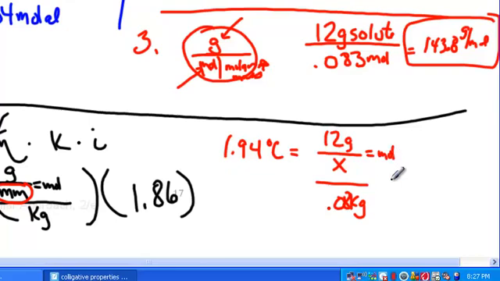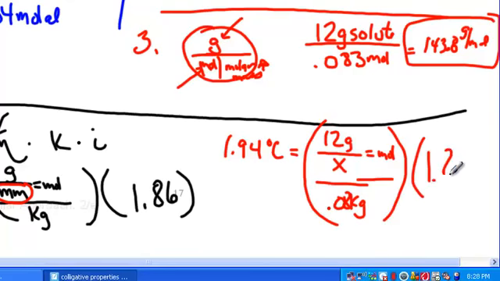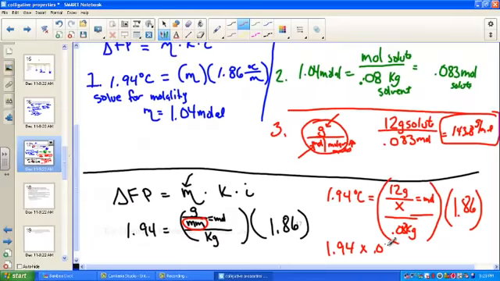See how I have moles per kilogram? All of it is my little m. Pull out the X, and you've done in one setup the series of 3 steps that we've done up above. It just depends on your algebra preference. Just thinking of key sequence, 1.94 times 0.08 is equal, and then I'd have the X.